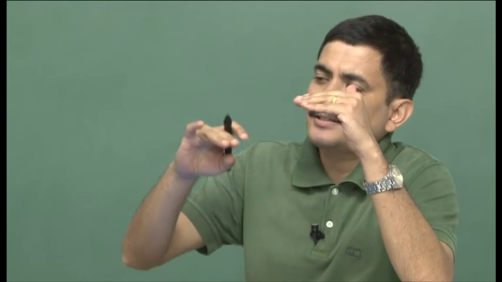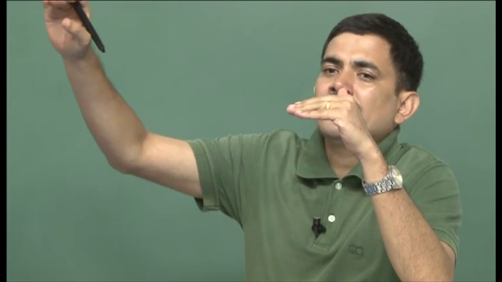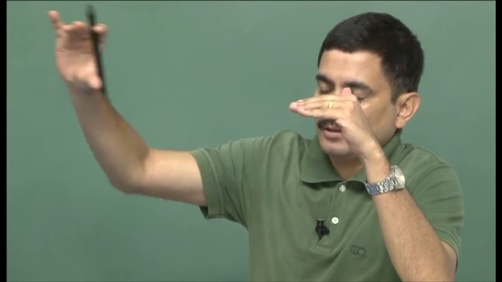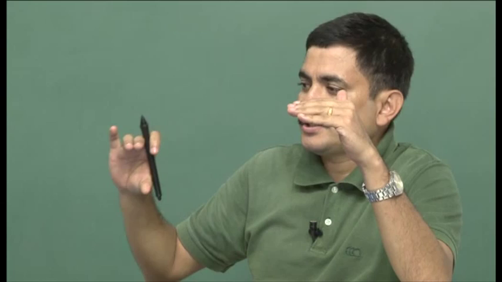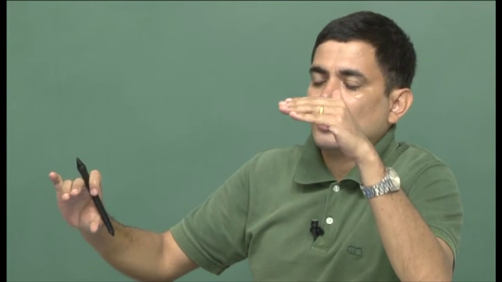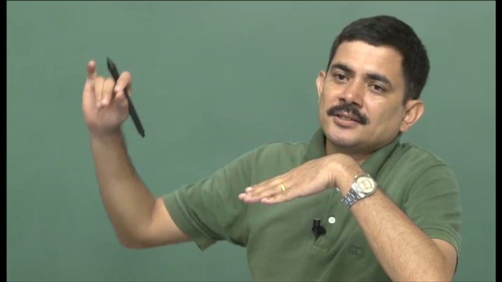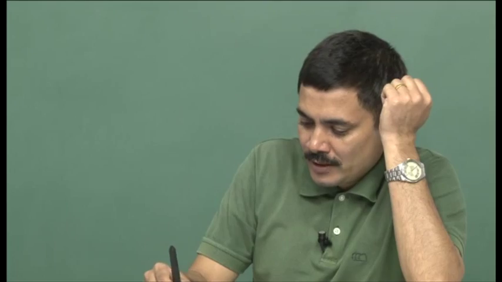So, let us say I have got a system and I am looking at only the steady state relationship. If I make a change in u1, there is a transient in y1, but ultimately y1 ends up changing by so much, the steady state change in y1. I make a change in u1, what is the steady state change in y2? I make a change in u2, what is the steady state change in y2? What is the steady state change in y1? That steady state change is essentially given by the gain.